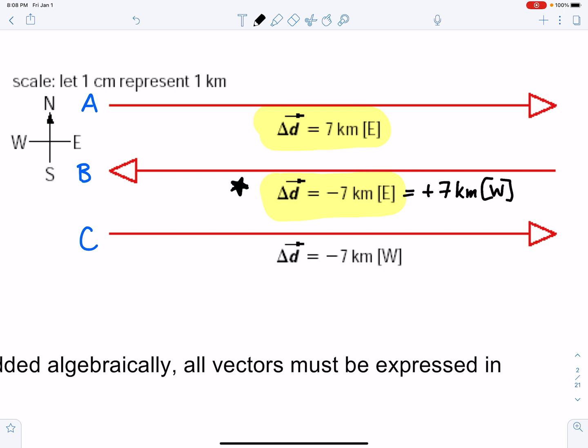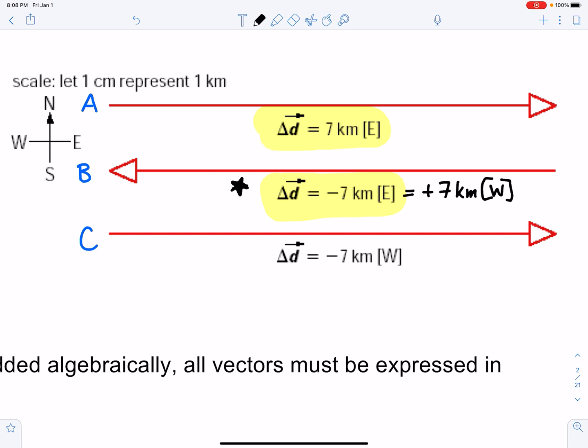Now, why would we even attempt to write this as negative 7 east when we can clearly see that this vector is pointing west? Well, the answer to that is really visible when you see what happens when you add and subtract vectors. And there are special rules, so that will end up being a trick that will actually save you and allow you to solve these problems.